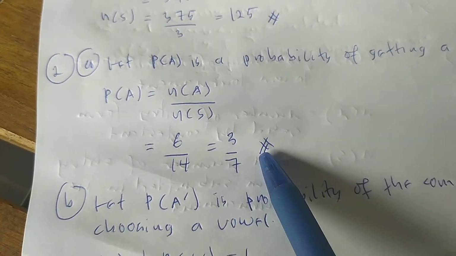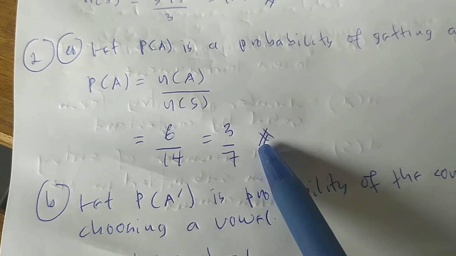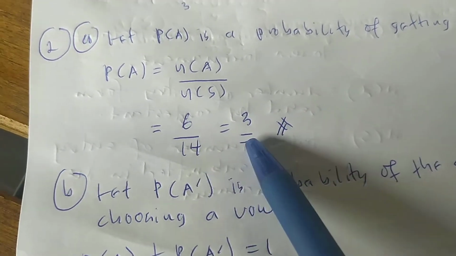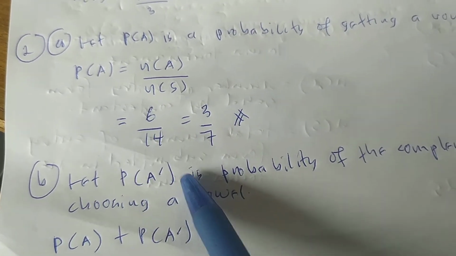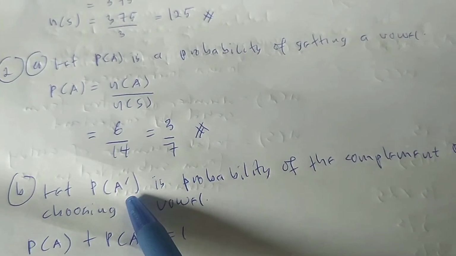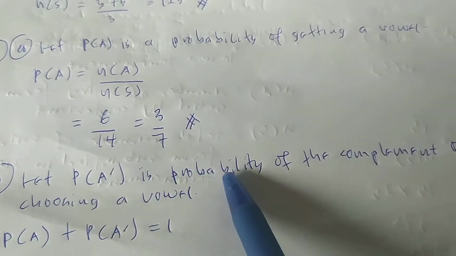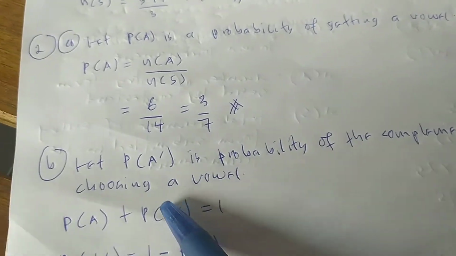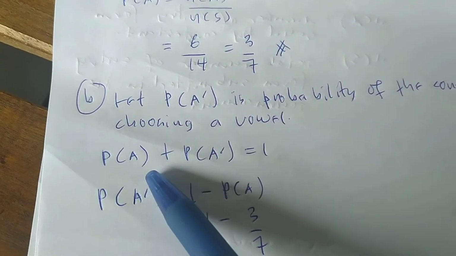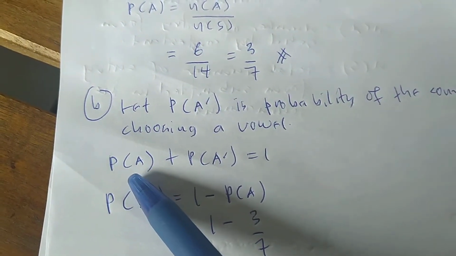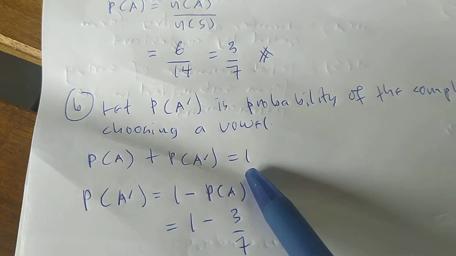Then the second part asks you to find the probability of the complement of choosing a vowel. That means the question asks you to find P(A'), where A' is the complement of getting a vowel. Before this, we learned this formula: P(A) plus P(A') equal to 1.